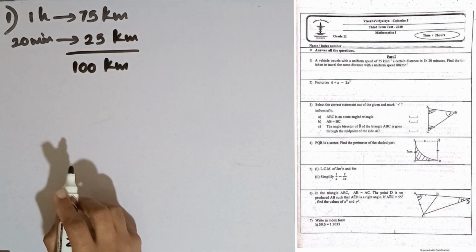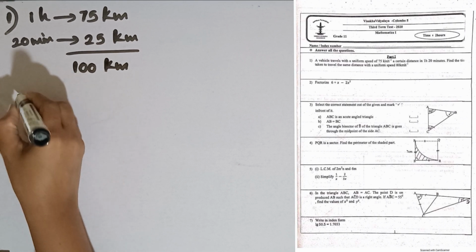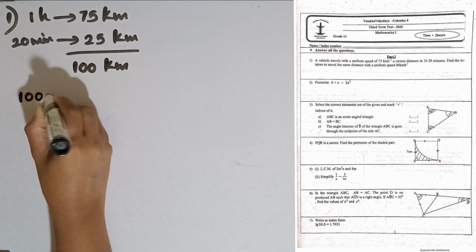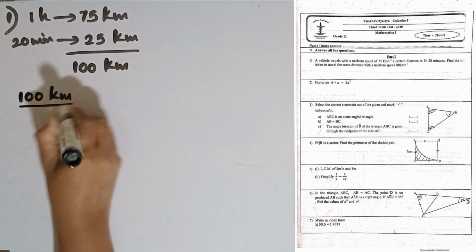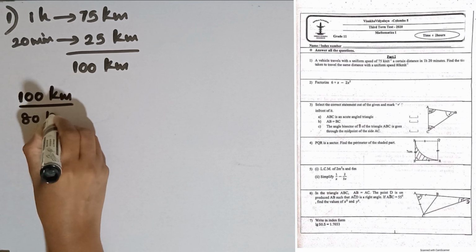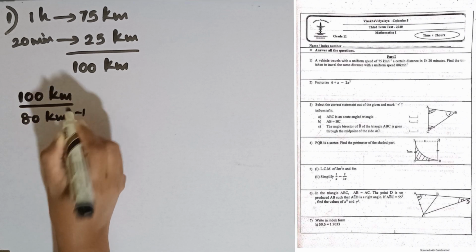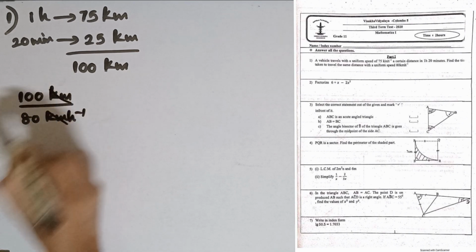Then we have to find the time taken in the second instance. If the speed is 80 kilometers per hour, we can divide 100 kilometers by 80 kilometers per hour. Kilometers and kilometers we can cut off.